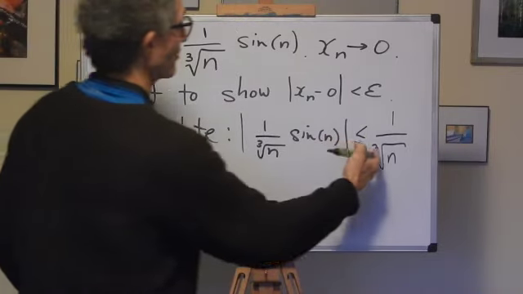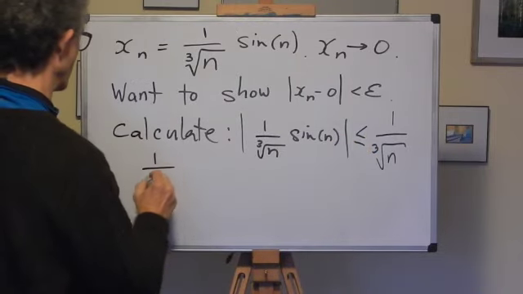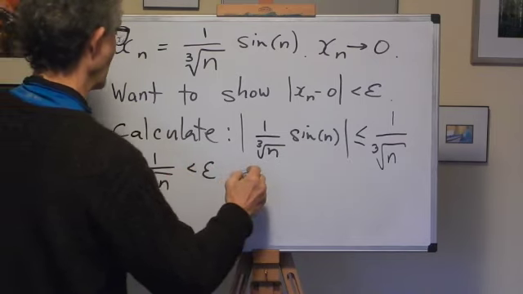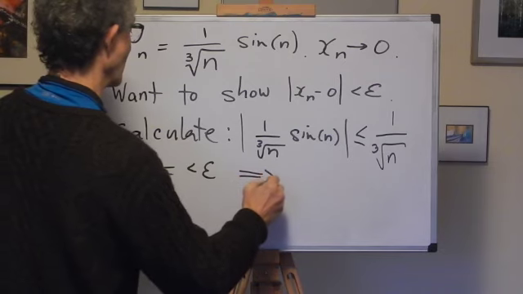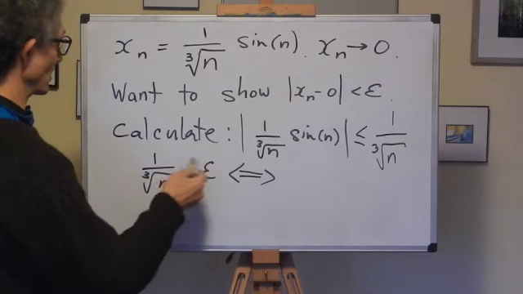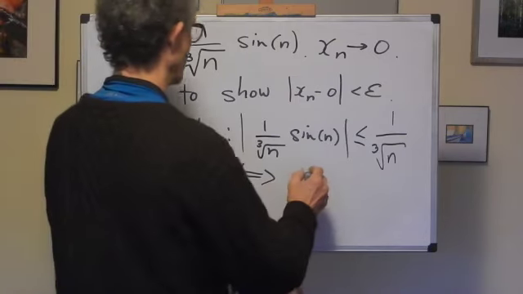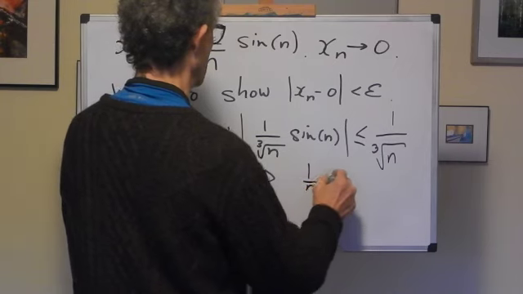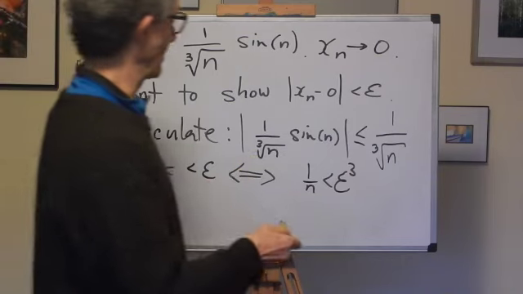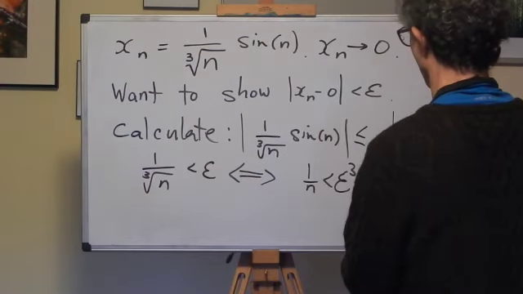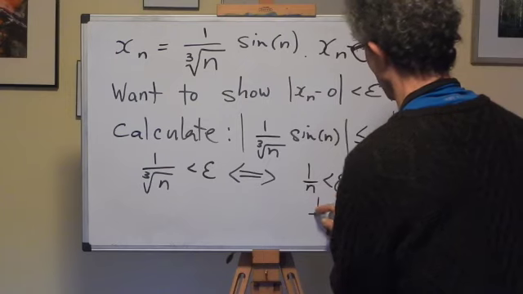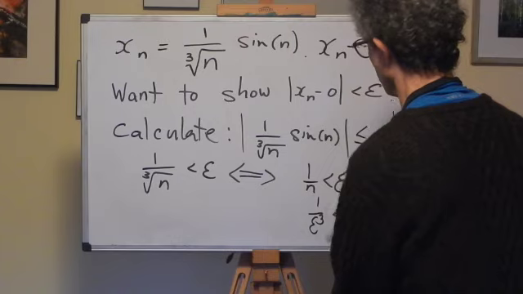And so now I have something. I want to show that this 1 over the cube root of n is less than epsilon, and that happens if and only if, well, let's take the cubes of both sides. So this says that 1 over n is less than epsilon cubed, and this happens if and only if n is bigger than 1 over epsilon cubed.